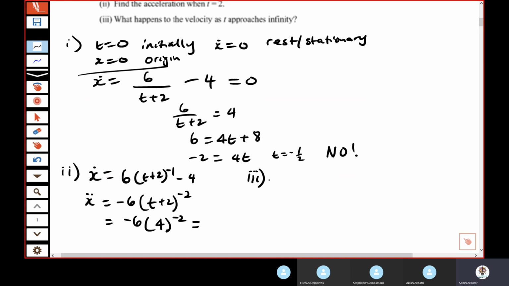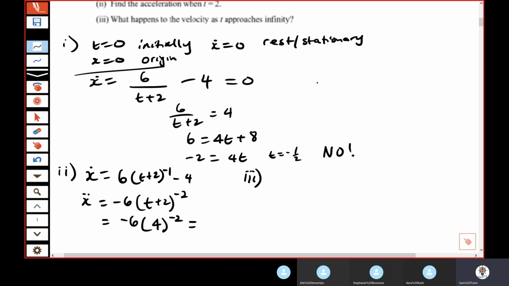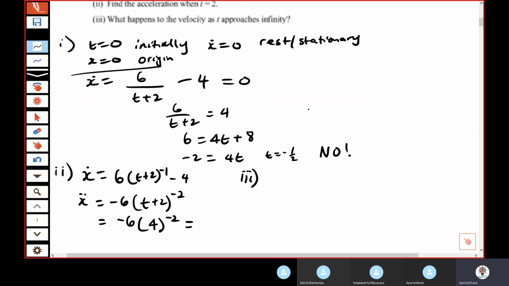What happens to the velocity as time approaches infinity? Now, you will 100% get a question like this in both your trials and your HSC. There's only 2 styles of questions. The first style for infinity questions is if it's 1 over, let's say, t.